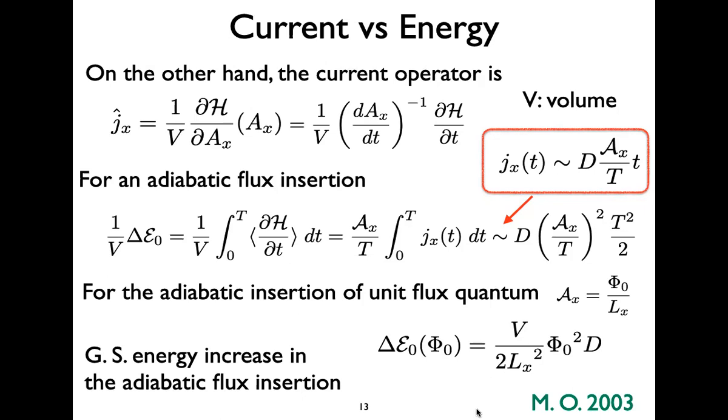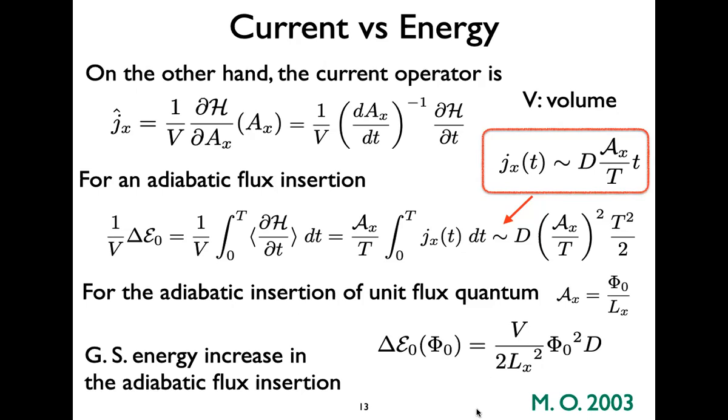Then you take the expectation value of both sides and then integrate from 0 to capital T, that is from the initial state to the final state. Then what happens is that on the left-hand side, you just integrate the current. But on the right-hand side, you integrate this time derivative of the Hamiltonian, then take the expectation.